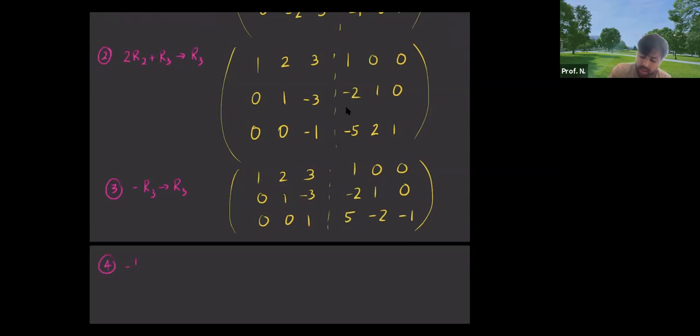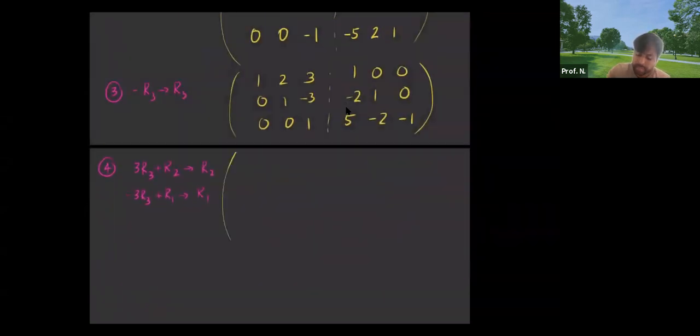I get 3 times row 3 added to row 2 equals the new row 2, and -3 times row 3 added to row 1 becomes the new row 1. So this becomes 1, 2, 0, 0, 1, 0, 0, 0, 1.